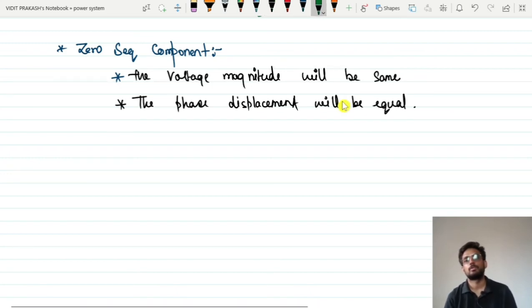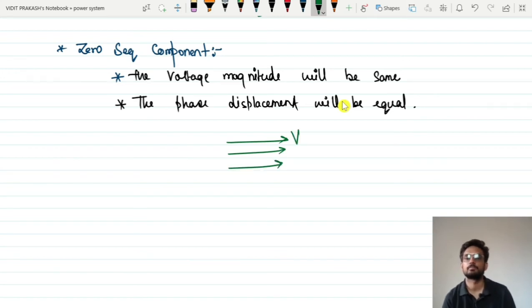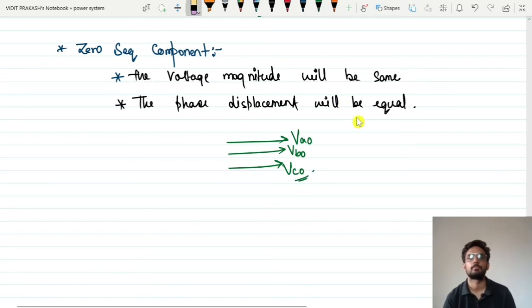Okay, so this is zero sequence component, VA0, VB0, VC0. We represent zero sequence component with 0.